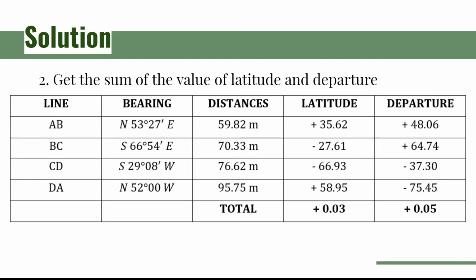So the answer here is 0.03 latitude. While positive 48.06 plus positive 64.74 plus negative 37.30 plus negative 75.45 equals 0.05 departure.